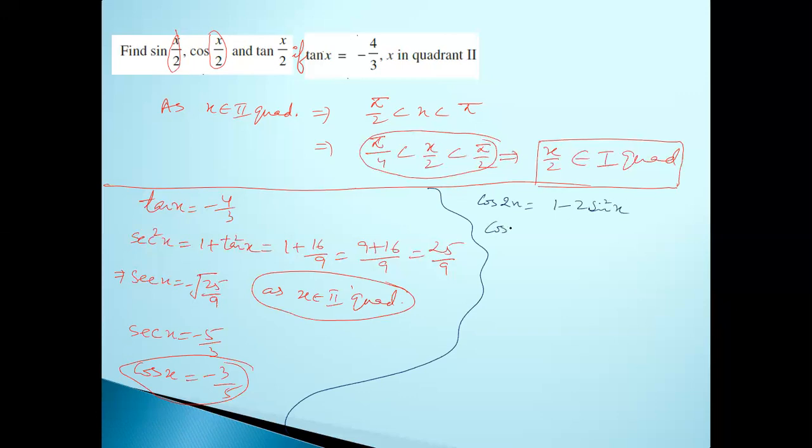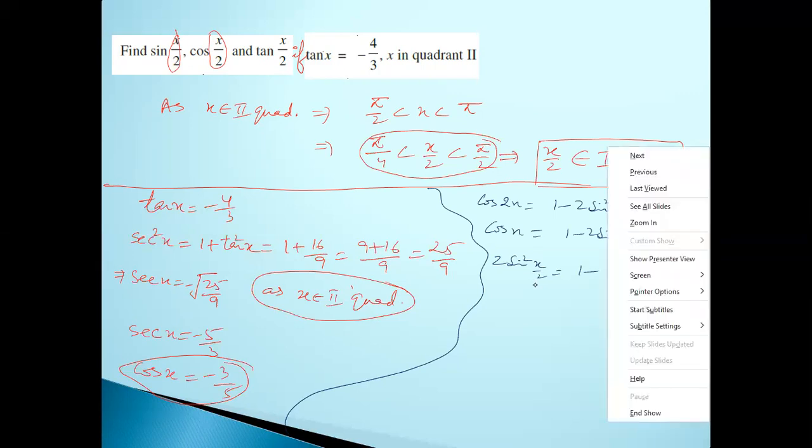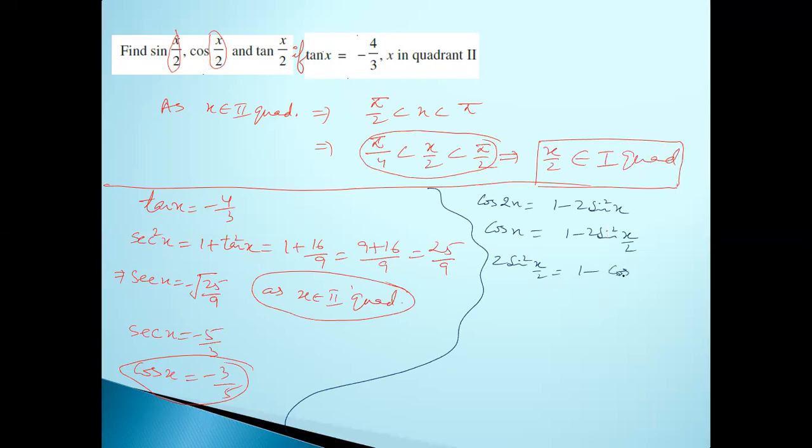That is cos x equals 1 minus 2 sin square x/2. That is 2 sin square x/2 equals 1 minus cos x. Substitute the value of cos x. Cos x is minus 3 by 5. Minus minus will become plus.